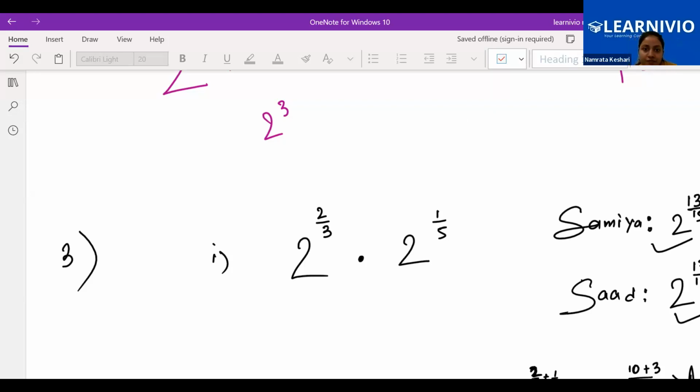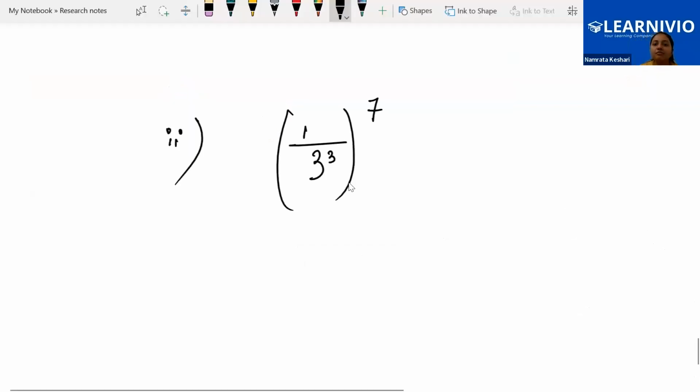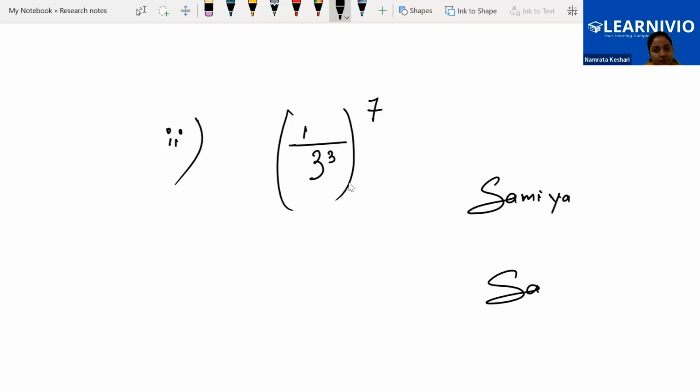So that time I'll ask you to send the snap. Okay. If we are having 1 by 3 cube whole to the power 7, what to do over here, Shamia, Shad and Arhan?